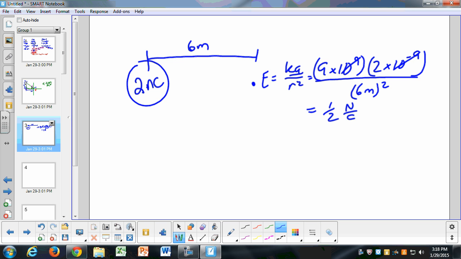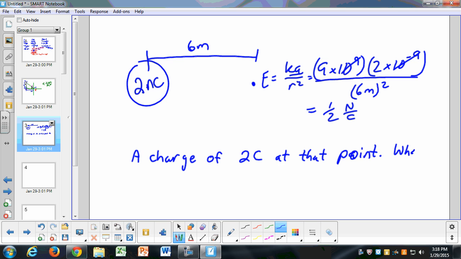And then we might ask, what if we put a charge of, say, 2 coulombs at that point? What force does it feel?